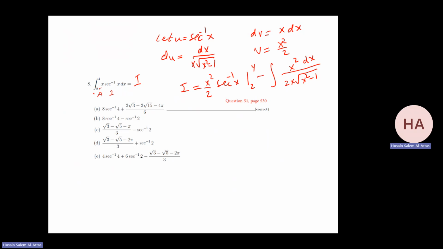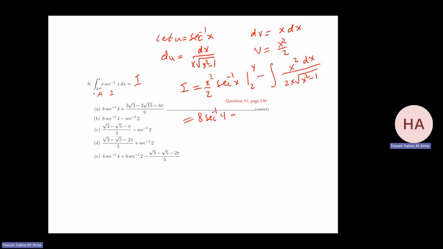Now, let me substitute here. I have 16 over 2, that will be 8 secant inverse of 4 minus, what is secant inverse of 2? I know cosine inverse of half, which angle gives me half?